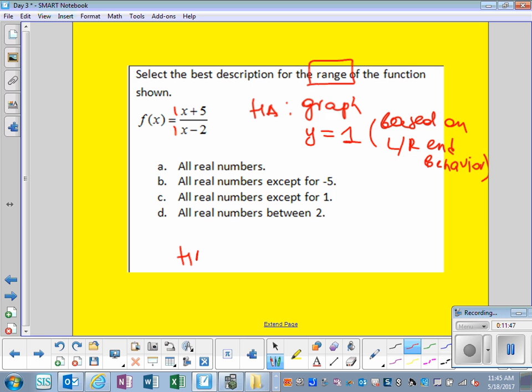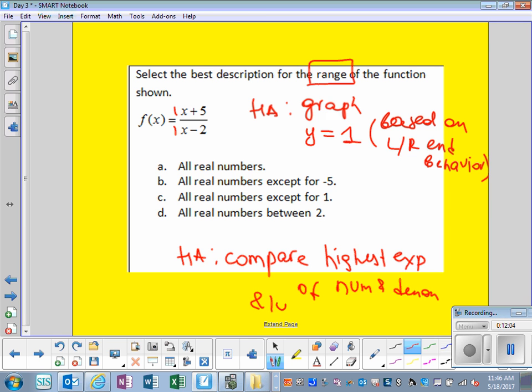So horizontal asymptote: compare the highest exponents of numerator and denominator, and look at leading coefficients.